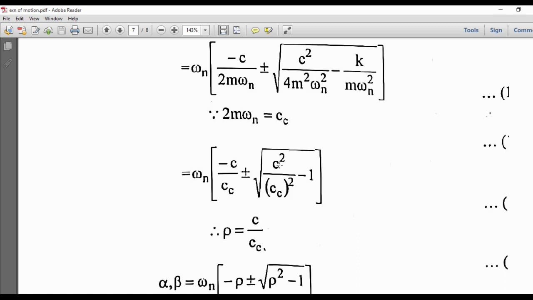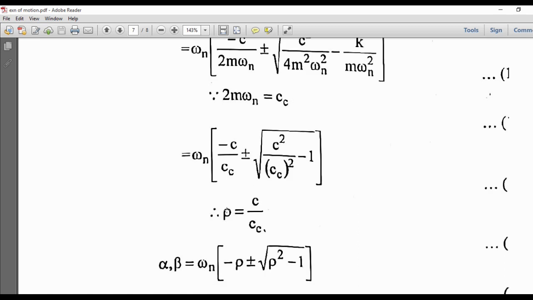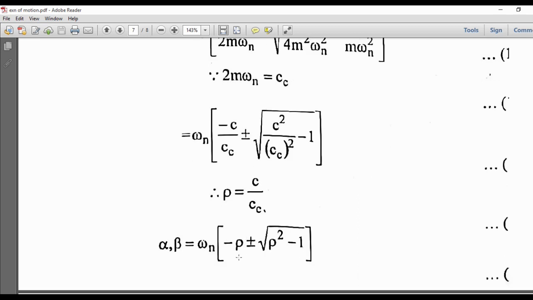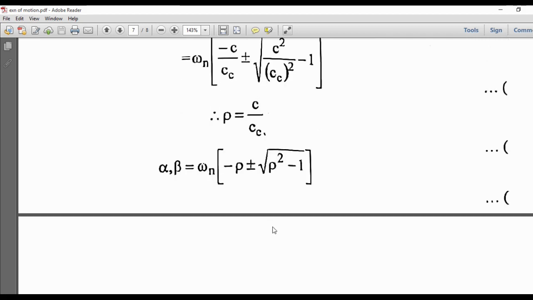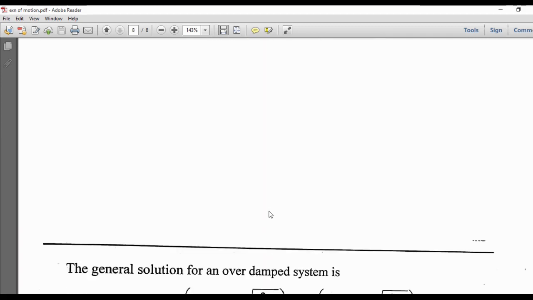And I can write c by cc as p. So this becomes omega n into minus p plus or minus, this is p square, so I have p square minus 1 here. So the roots are omega n into minus p plus or minus root of p square minus 1.